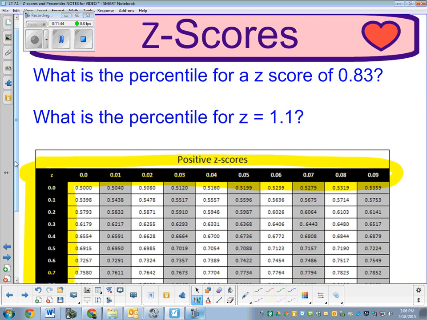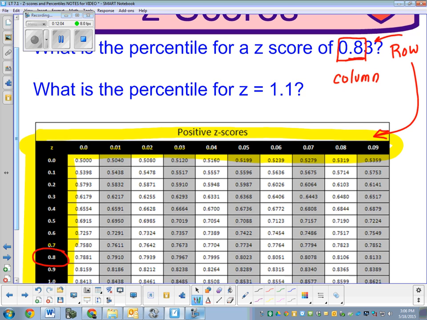If our z-score is 0.8, we're going to look for that part first. This is found in the column. The 3 is in the row along the top. So if I'm looking at 0.8 right there, this column here would represent 0.80.